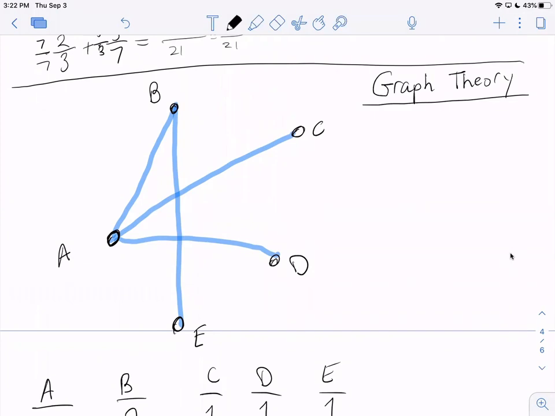Not everything is connected, and some things are connected. So the people here are called the vertices. They're like the dots, the set of points, so they represent the people. And the handshakes are called, the mathematical term for them is just edges.